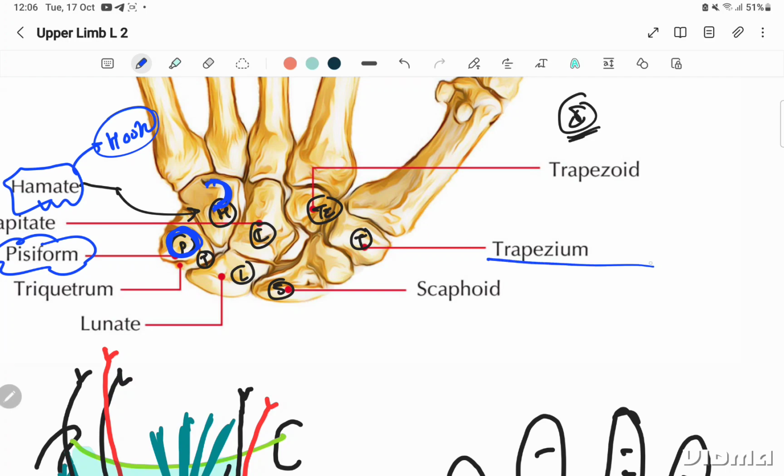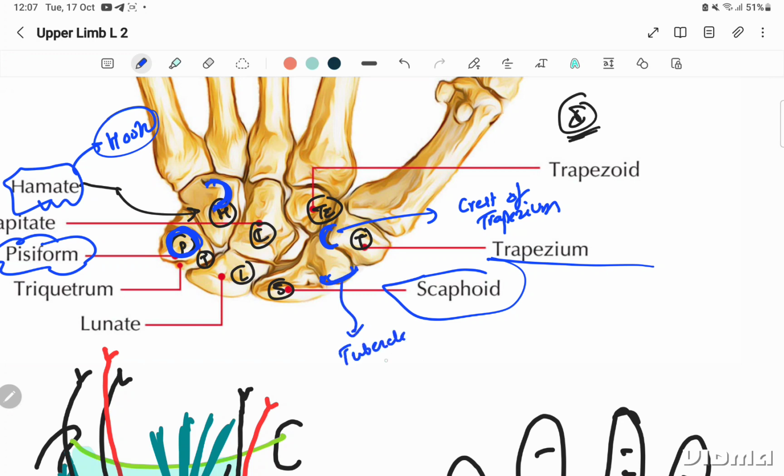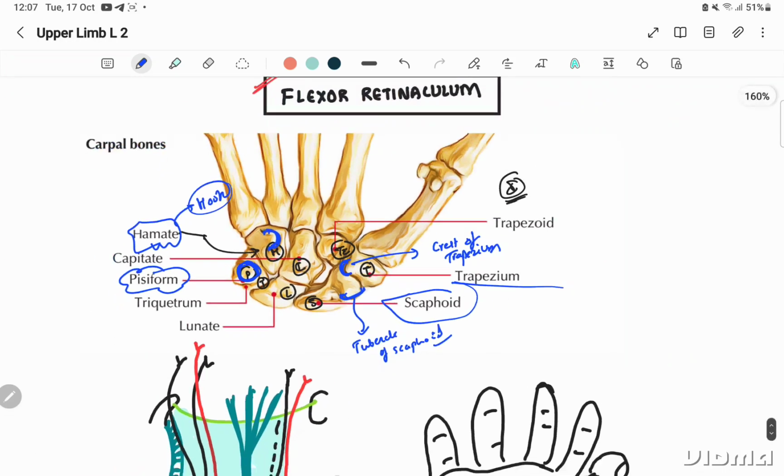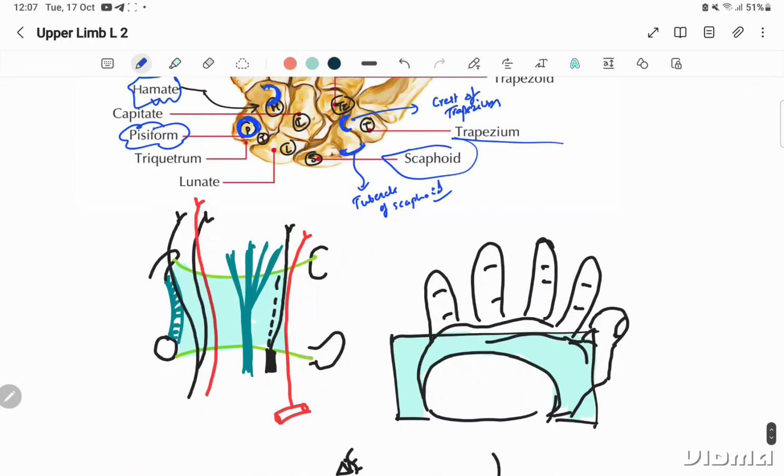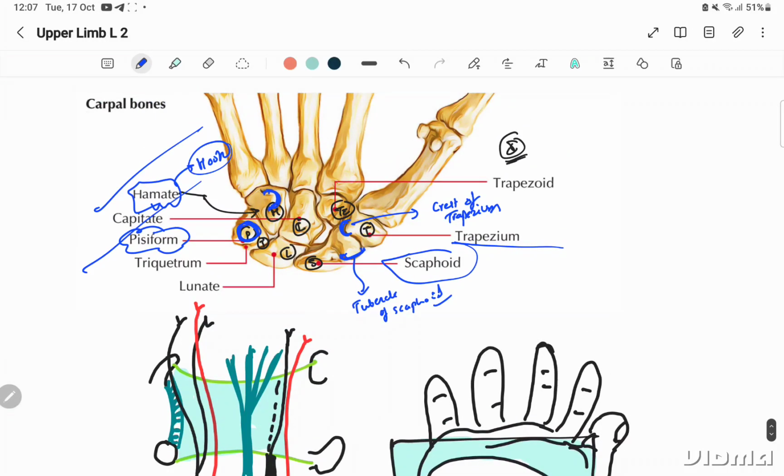Okay, this is the crest of trapezium, and the scaphoid has a tubercle like thing. This is the tubercle of scaphoid. These are the things to which the flexor retinaculum is attached. The 4 projections: the hook of hamate, the pisiform bone, the crest of trapezium, and the tubercle of scaphoid.